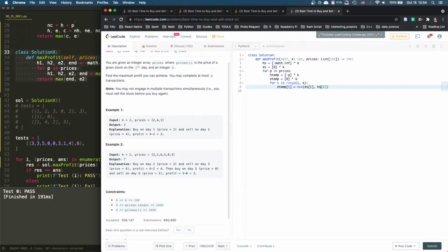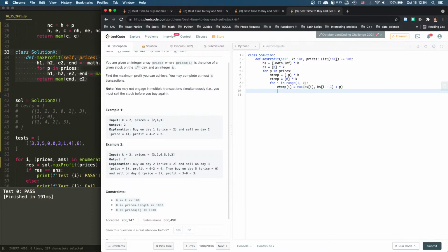No, I minus 1, the previous is I minus 1. So ESI minus 1. No, it's I, the previous, and this is going to be HI minus 1, the previous holding state, plus P.